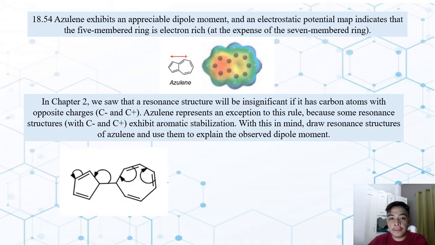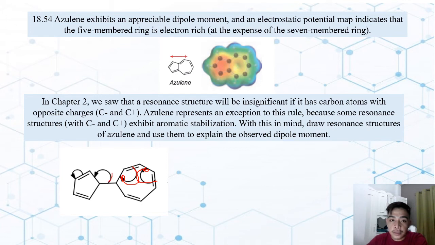For the mechanism of the formation of the resonance structure of azulene, the pi bond from this bond will break, forming a double bond on this bond. Then this bond will break also, forming another double bond.